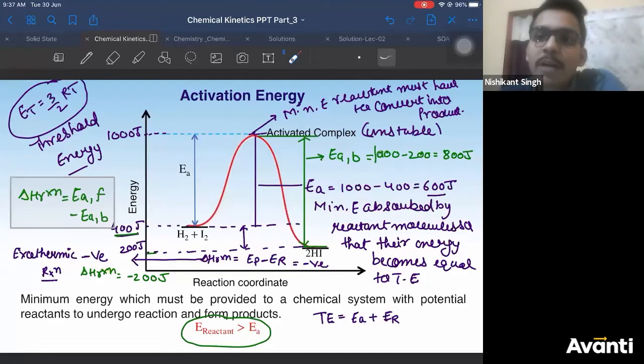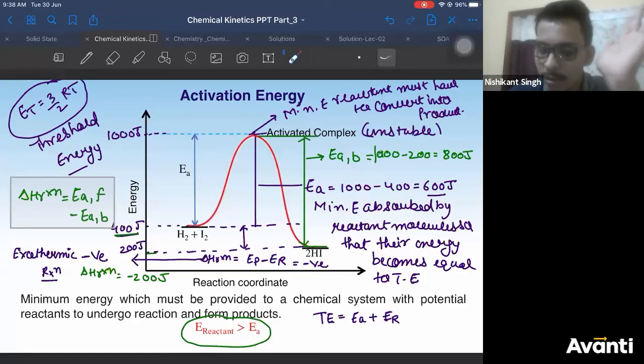If you try to provide a very high amount of energy, the reactant molecule might get decomposed, right? So there is a certain value up to which you can heat. If you heat it more than the energy of the reactant, there is a high chance that the reactant molecule may get decomposed. So preferably, we assume our activation energy should be greater than reactant energy. But this is not a hard and fast rule. There are some cases where it may not be true also.